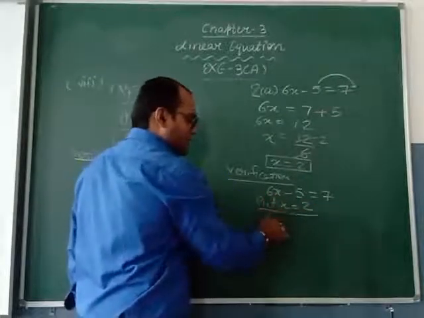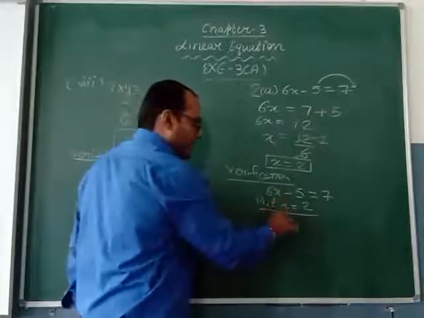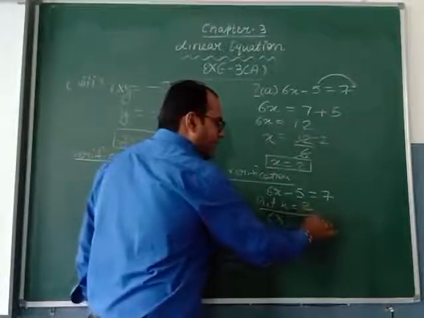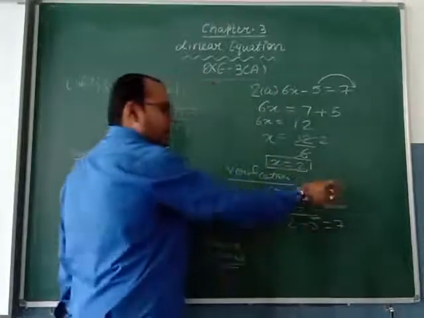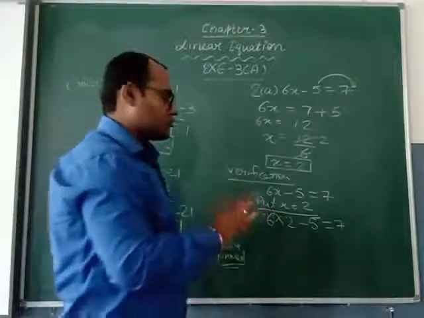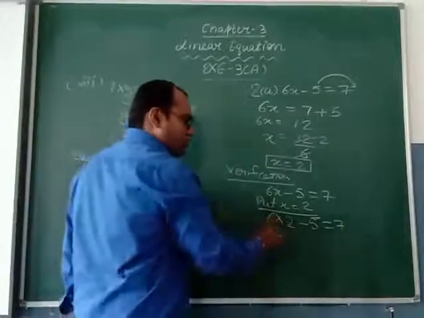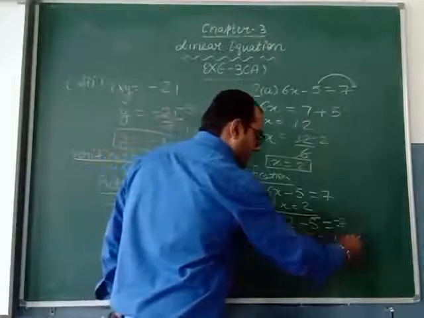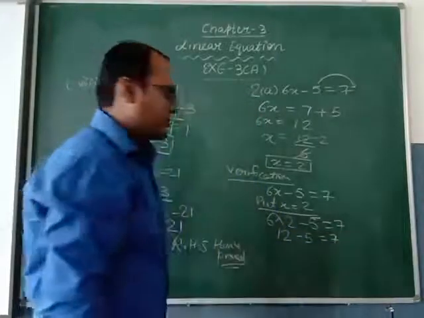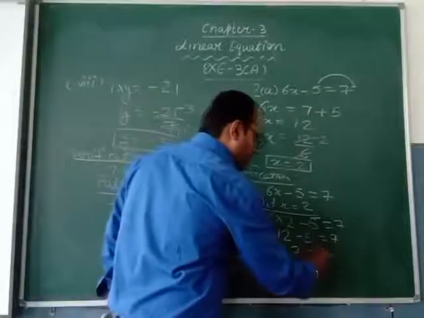Now here with 6, no sign is coming, so we will take multiply 2. Minus 5 we will write as it is, equal to 7. So we will not bring any number to the right hand side. We have to solve it only. Now we will do multiply first. 6 twos are 12, minus 5 is equal to 7. And 12 minus 5 answer is 7, equal to 7.